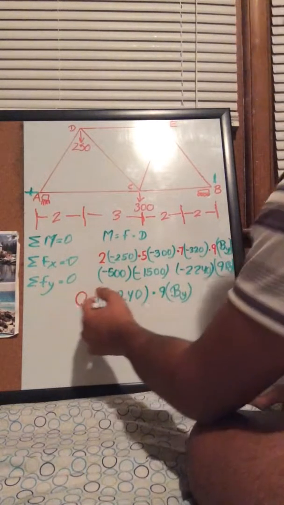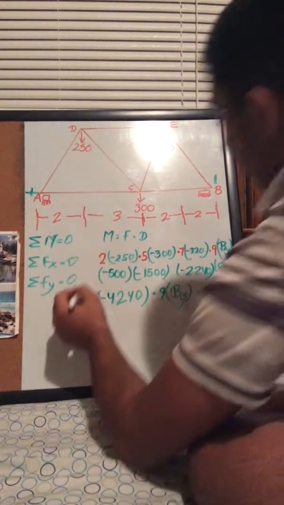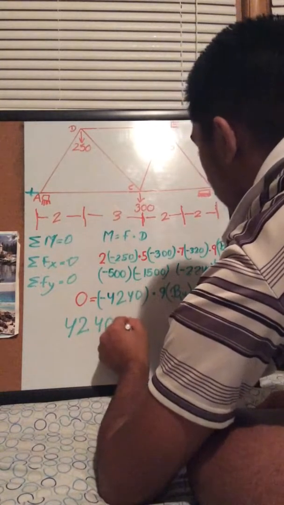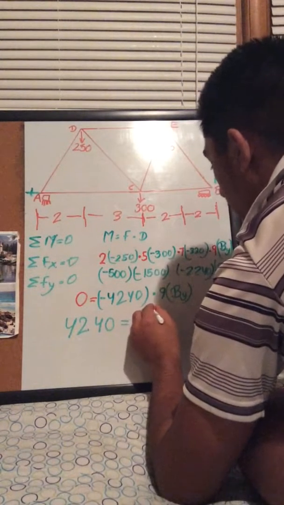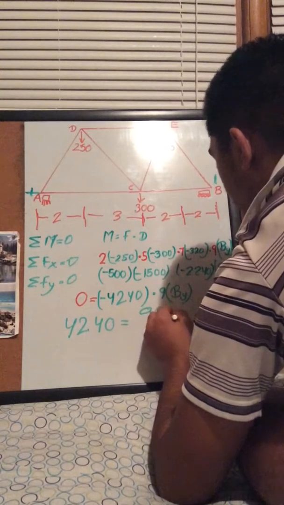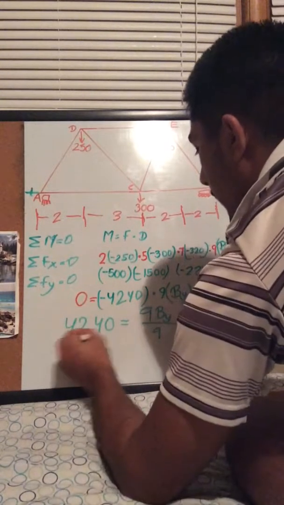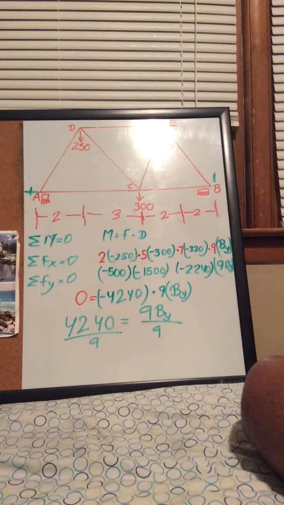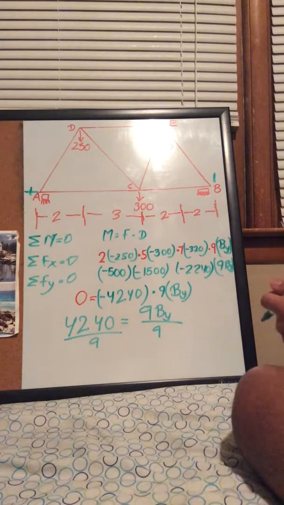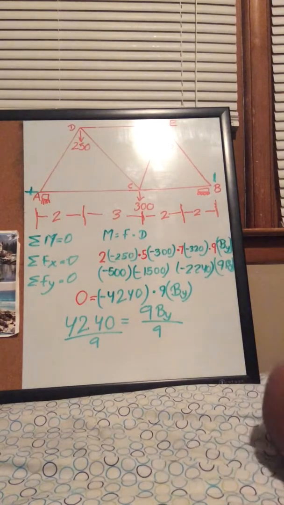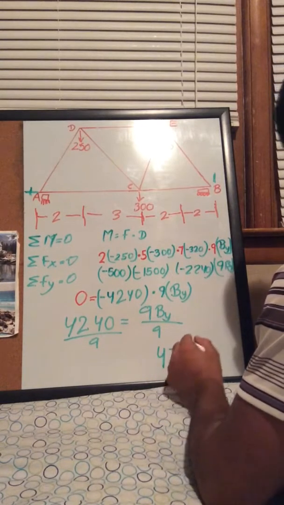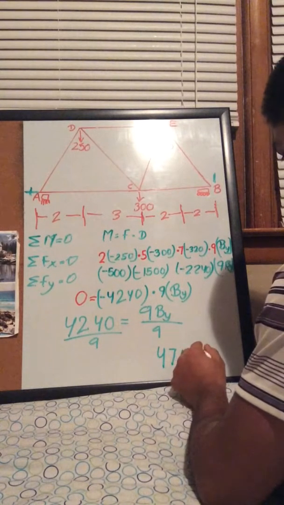Now we move this to the other side, or we can move this, it doesn't really matter. So 4240 is equal to 9 BY. Divide both sides by 9. When you divide both sides by 9, you get 471.11, repeating.